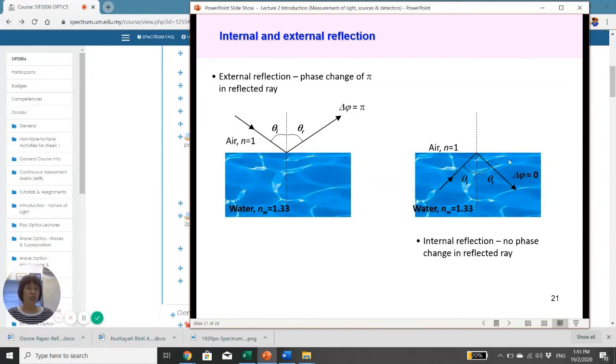The law of reflection still holds, but the reflected ray now will not have any phase change. So this characteristic will be important and needs to be considered when we are working on the topic of interference of light.